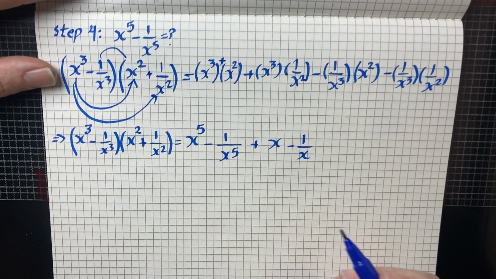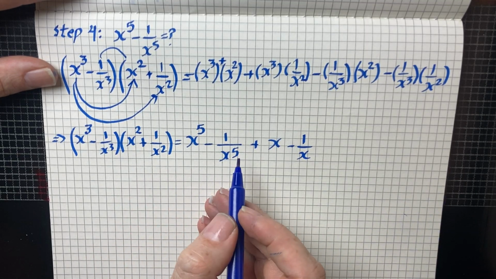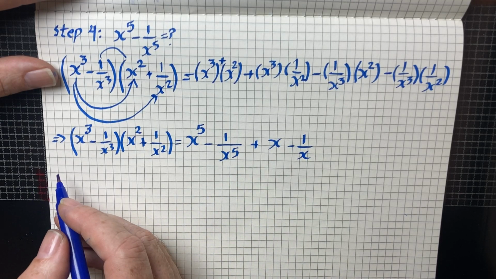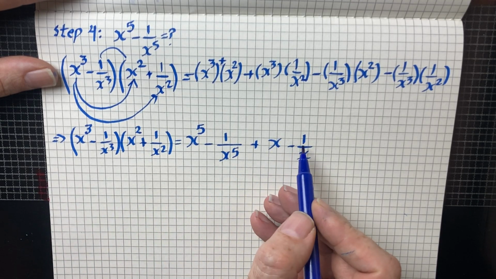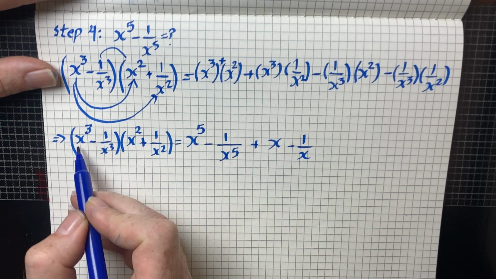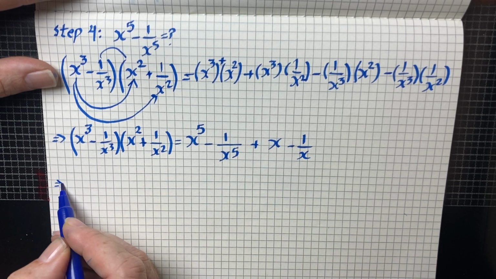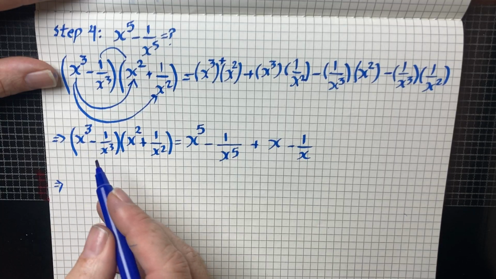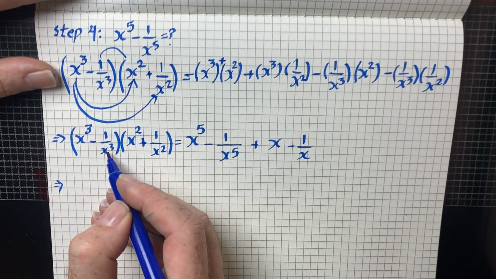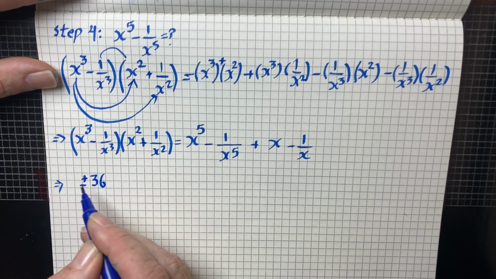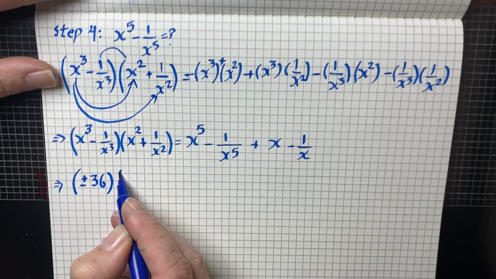Good step. Now we need to solve this in 2 steps because we have different values for x minus 1 over x and x cubed minus 1 over x cubed. So what are these two steps? X cubed minus 1 over x cubed is going to be positive or negative 36, right?